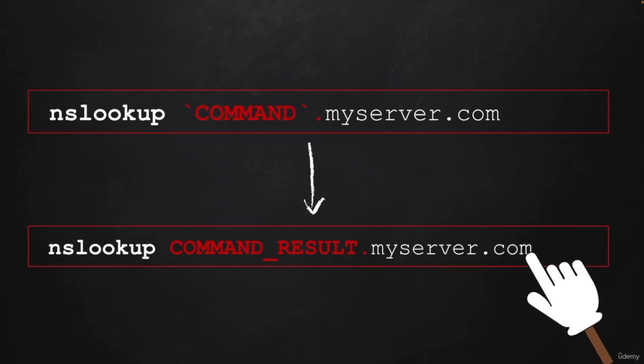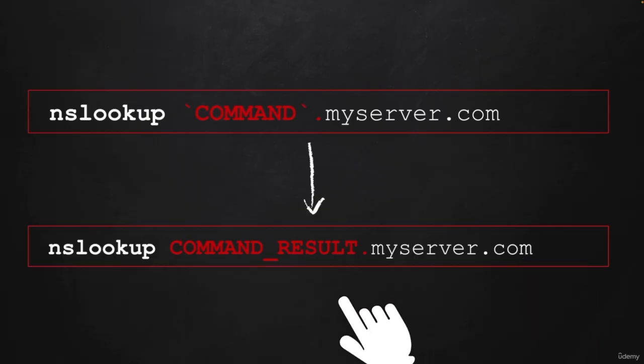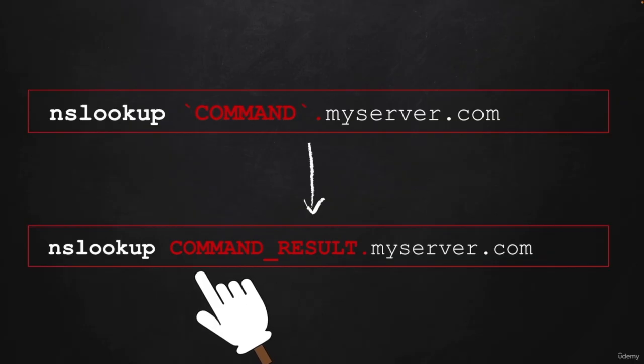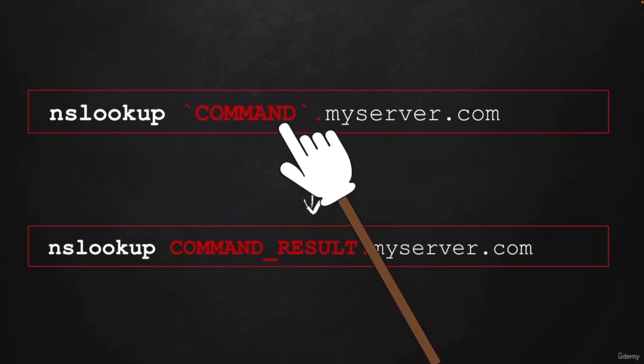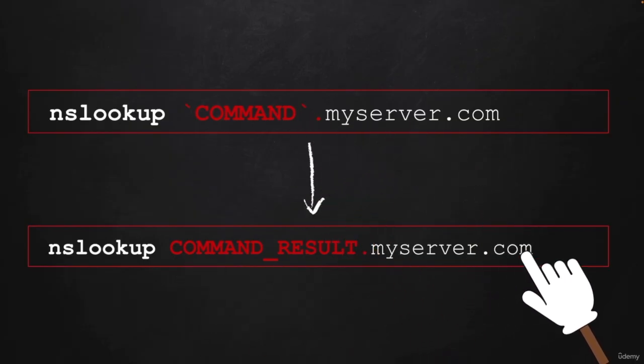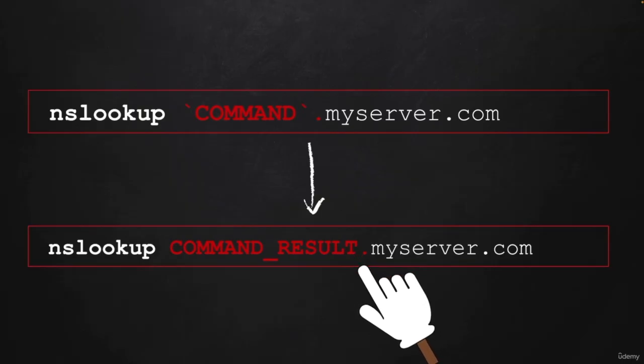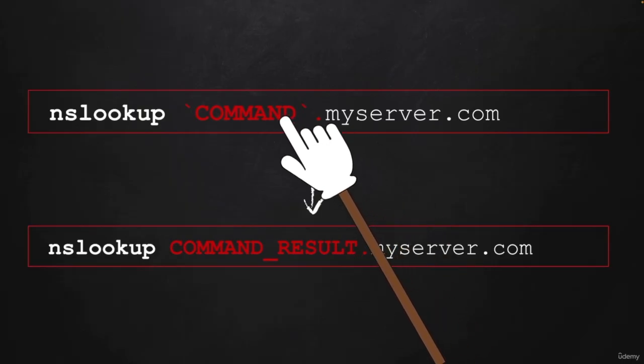Then we're going to be able to see the logs of our server, and we're going to see that somebody made a request to the result of the execution of my command .server.com, and this way I'll be able to get the result of executing my command.